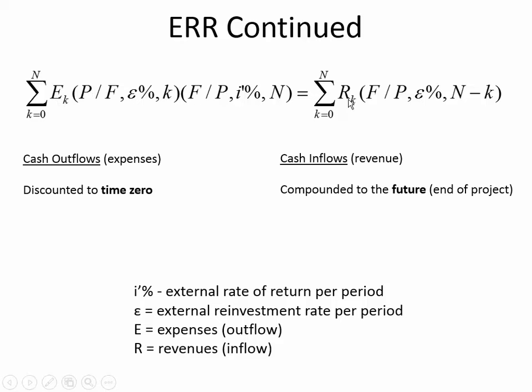And then over here it's saying take all of the revenues to the future. And then this part of it is saying we need to relate the future and the present at I prime, meaning the unknown interest rate, which will be our external rate of return. And I prime, the unknown interest rate, is the thing that makes these 2 equal. Those 2 amounts will be equal once we do the discounting, the compounding, and the discounting again.